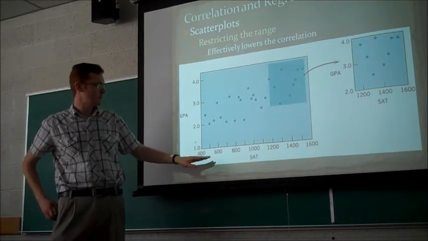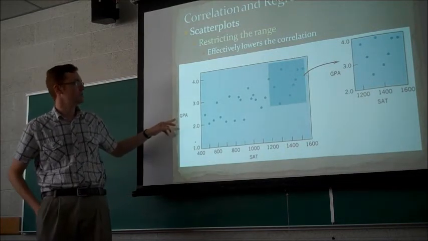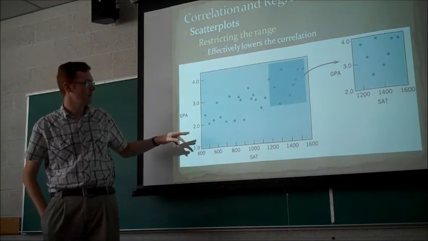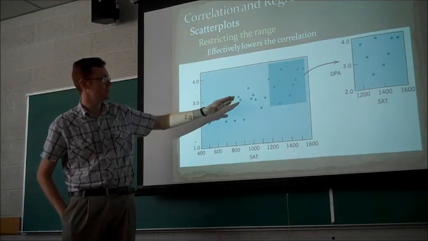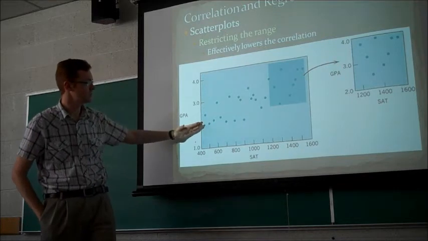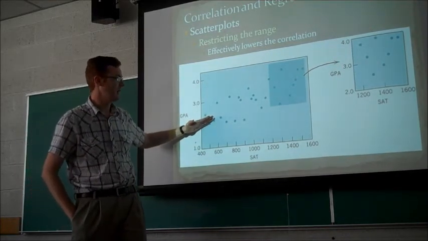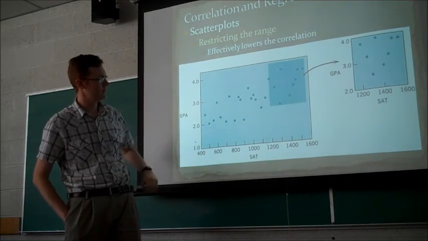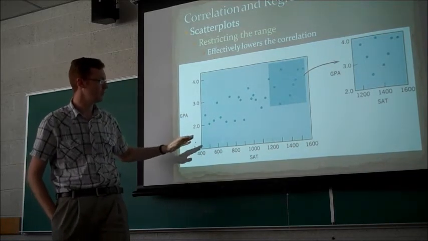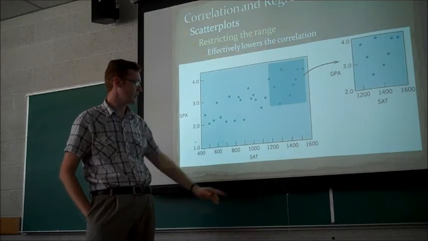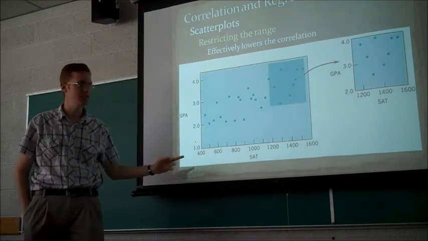If you're looking at the relationship between SAT scores and GPA, well, there might be a positive correlation between those. So you can see as one goes up, the other goes up. It's a relatively strong relationship, but you only see this relationship if you're looking across the entire range of SAT scores.